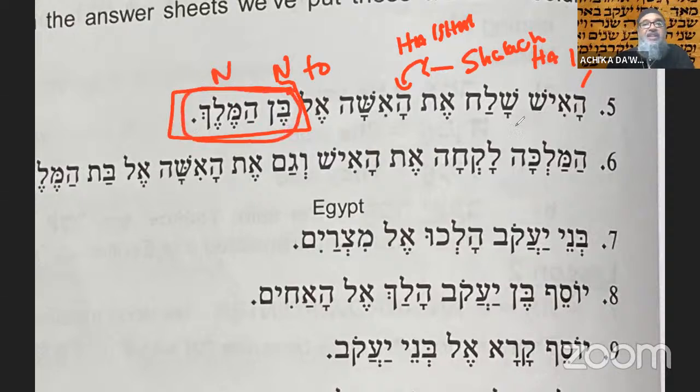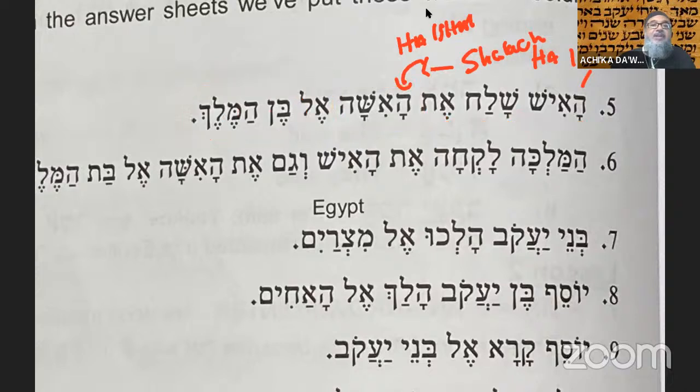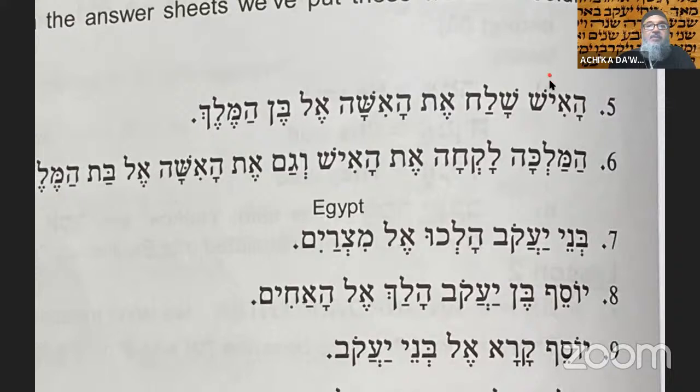So when it says the ha'ish shalak et the ha'isha, the man, he sent who? The wife to the son of the king. This is the Semi-Coup right here. There are two nouns next to each other. Let's evaluate. This is a noun. What's this?